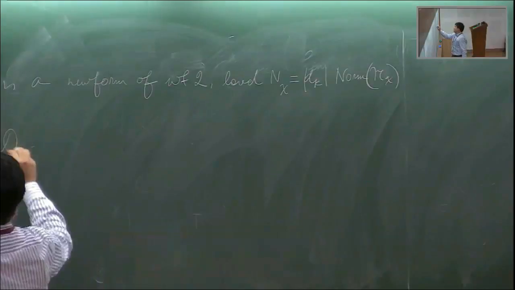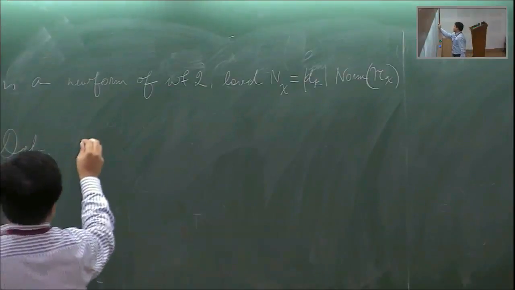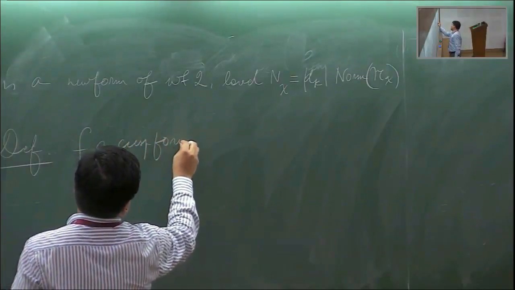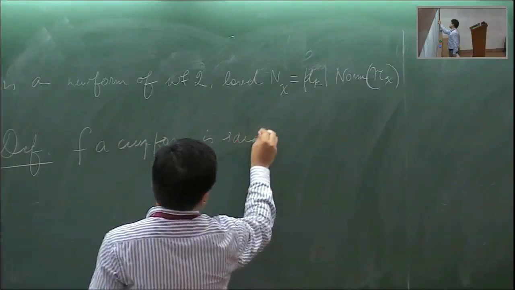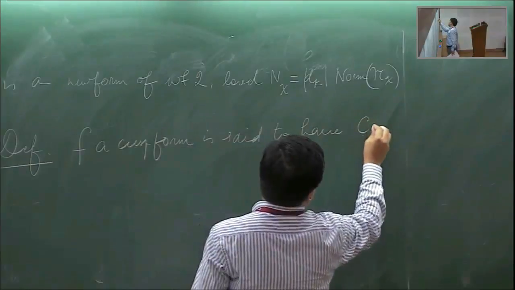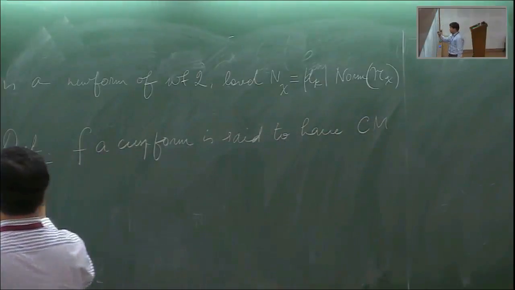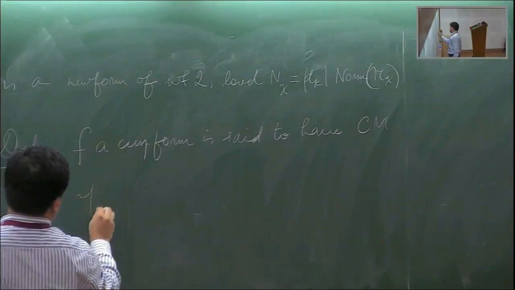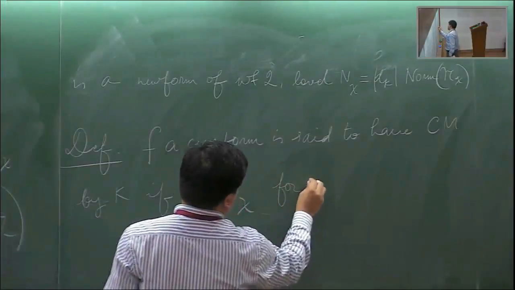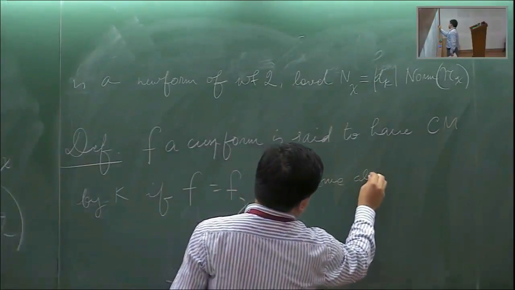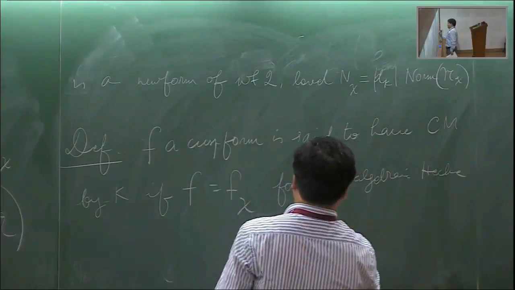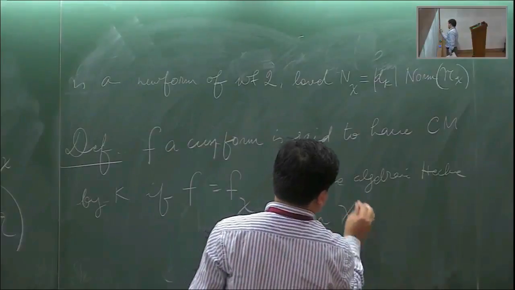Let me add this: a cusp form F is said to have CM, complex multiplication, by K if F equals F chi for some algebraic Hecke character.